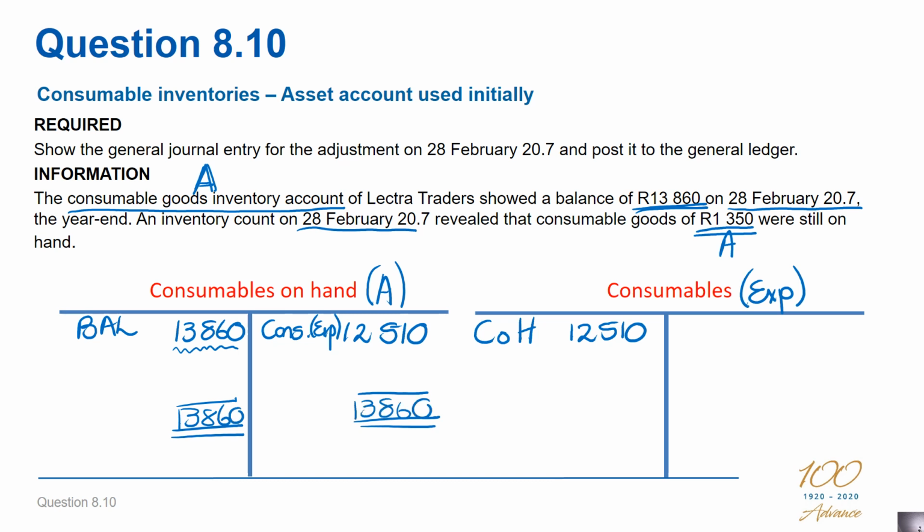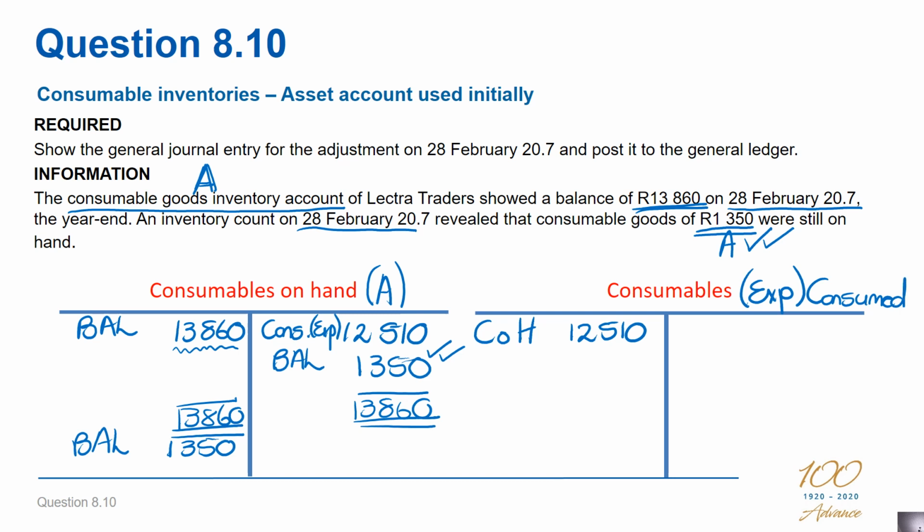I would need on the credit side an amount of 1,350, which is exactly the balance that was confirmed with the stock take. So I'm going to have a balance carried over, balance brought down of 1,350. And in my consumables expense, that is what I've consumed during the current financial year.